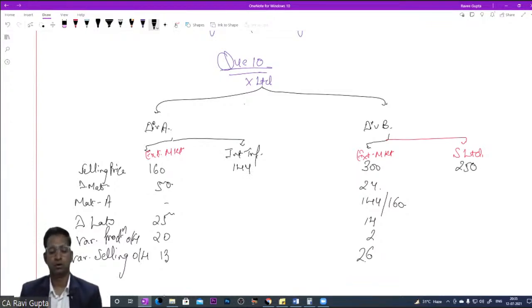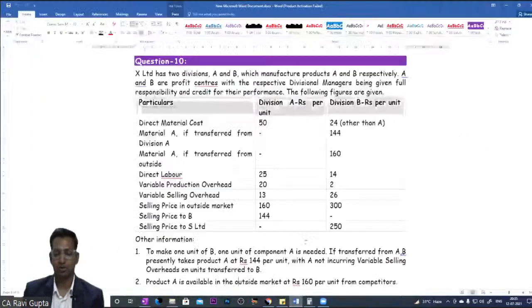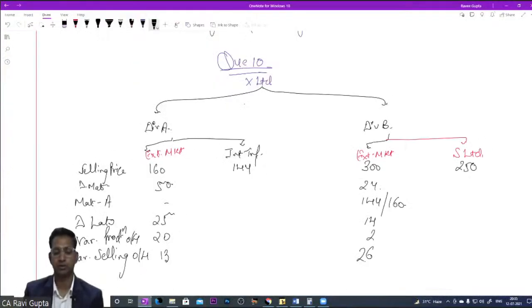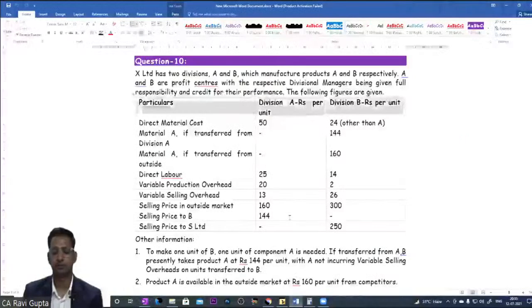Now, this question is giving us other information. To make 1 unit of B, 1 unit of component A is needed. That is, the input output ratio is 1:1. Fine.